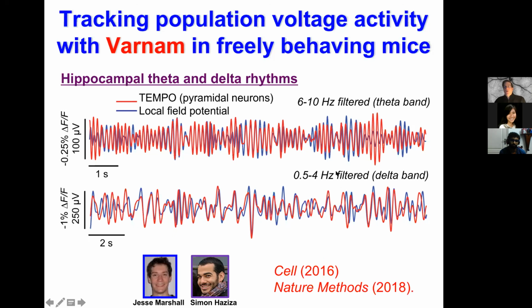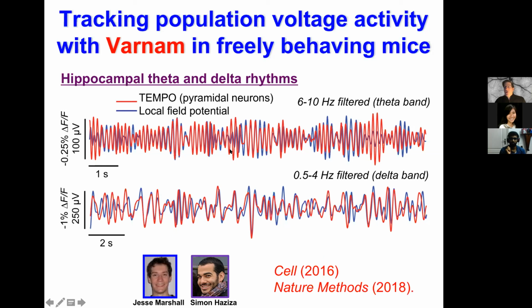But when the animal is more still, we see a rhythm in the so-called delta band here at lower frequencies. And what we found in the hippocampus with the optical approach is in close agreement with what we found with an electrical measurement taken at the tip of the optical fiber.